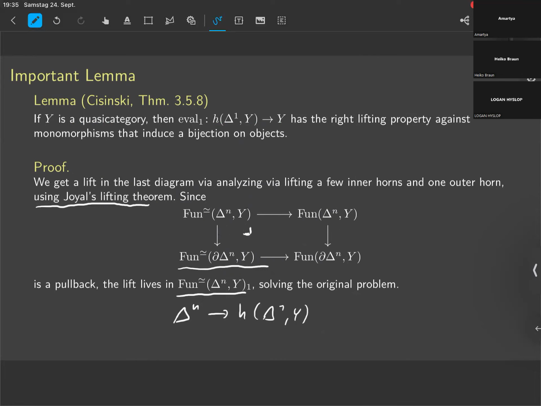And also when we put to everything the one simplices, this stays a pullback, and hence it gives our lift to the original problem, which actually lives in H delta 1 y. So this is the reason why the map has the lifting property against all these things.